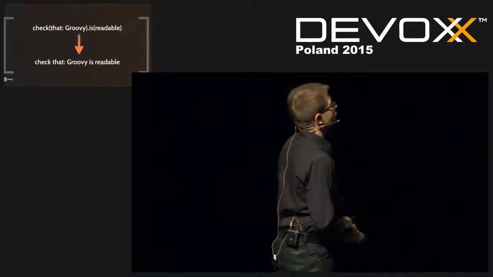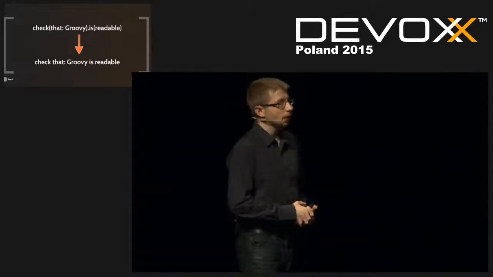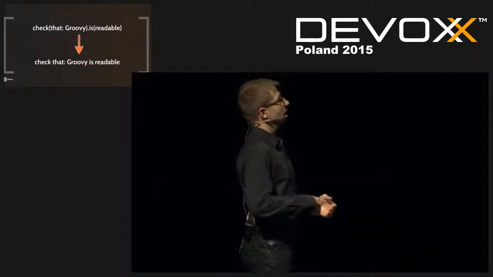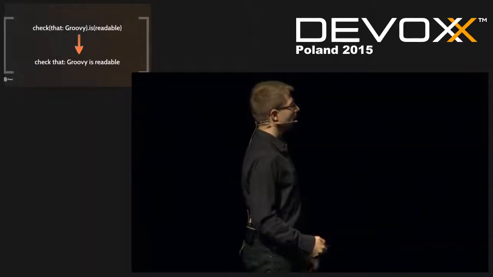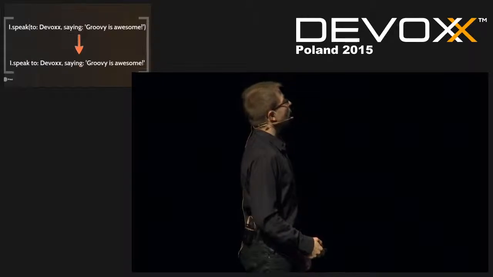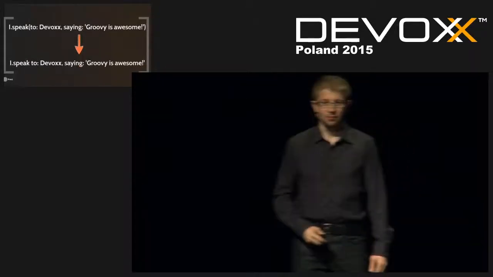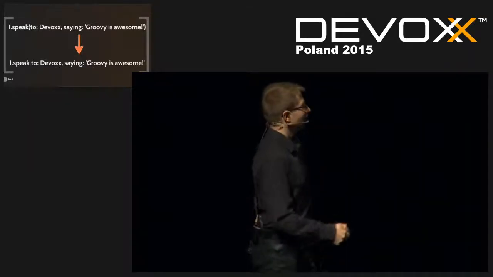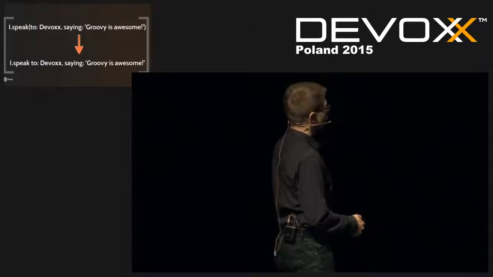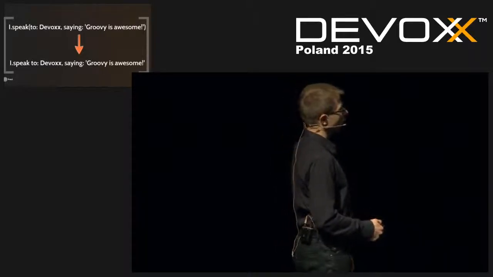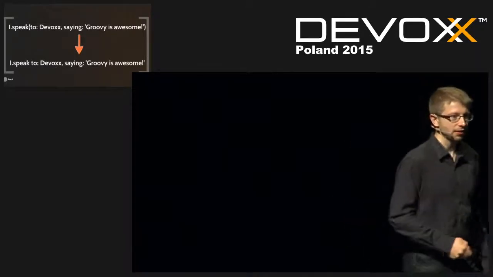Another example: we can leverage the named parameters of Groovy, so we can write in a very readable way. And we can also do things like that. I speak to Devoxx, Groovy is awesome, right? It has proper punctuation, and we are just passing to the method speak to whom I'm speaking and what I'm saying, just as in an English sentence.